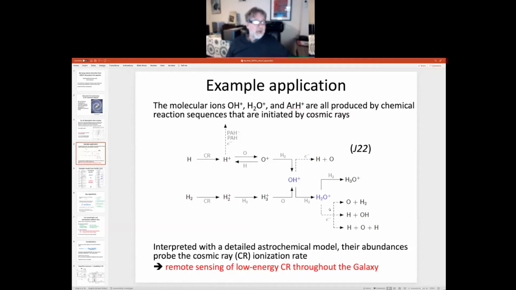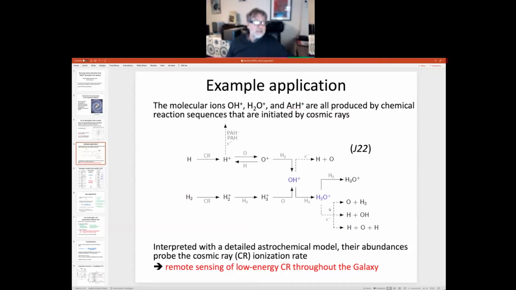So this is a diagram from Arshia Jacob's 2022 paper that is currently under review, which shows how this happens. A hydrogen atom can be ionized by a cosmic ray. It can then charge transfer with an oxygen atom to form O+. And then the O+ ion can react with H2 to form OH+, which we can observe with SOFIA. And then a second reaction gives H2O+, which is also detectable with SOFIA.